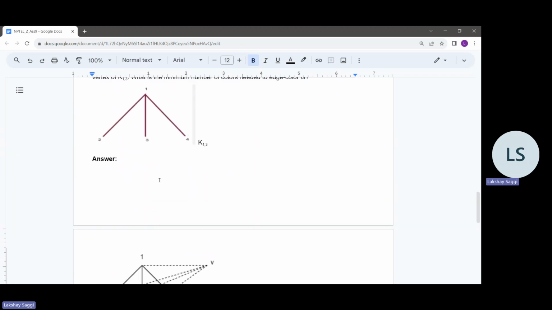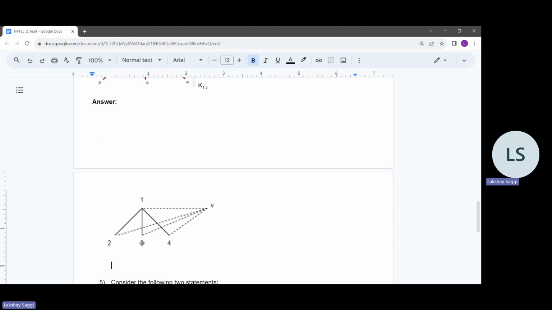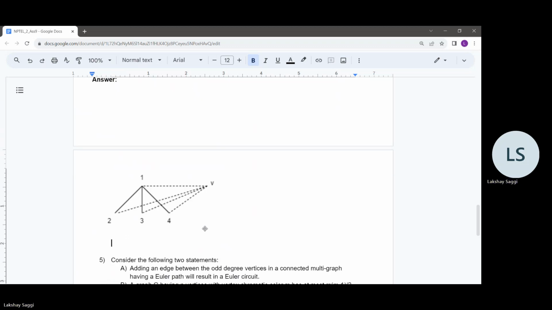As you can see, this is 1, 2, 3, 4. And then I added a vertex V and made it adjacent to all the vertices of this K13. So I added these 4 edges because there were initially 4 vertices. So this is the graph G which I obtained. So this is my graph G actually.